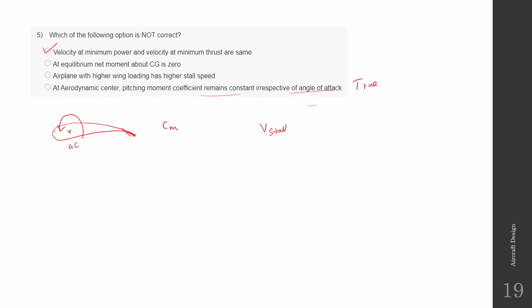So you know from the equation that V stall and the wing loading are directly correlated. Therefore, aircraft with higher wing loading will have a higher stall speed. So this is also true.